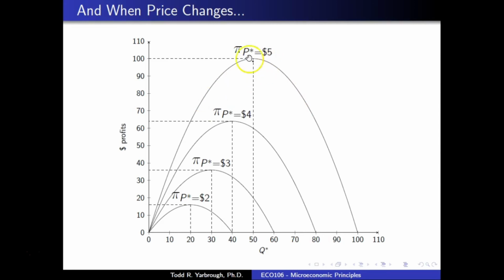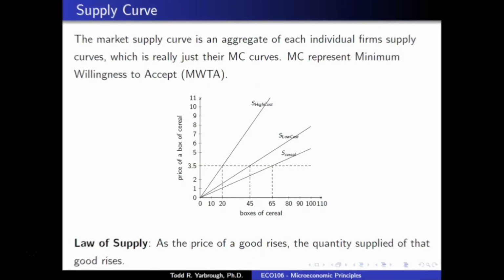So, as we can see, holding my cost constant, as prices fall, my willingness to supply the product will also fall. I can think about this the other way: holding my cost constant, as prices rise, my willingness to supply to the market will also rise. That is the law of supply.